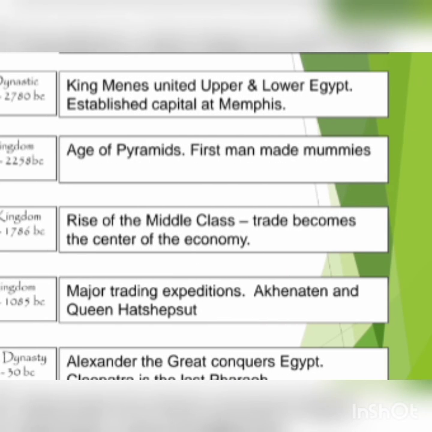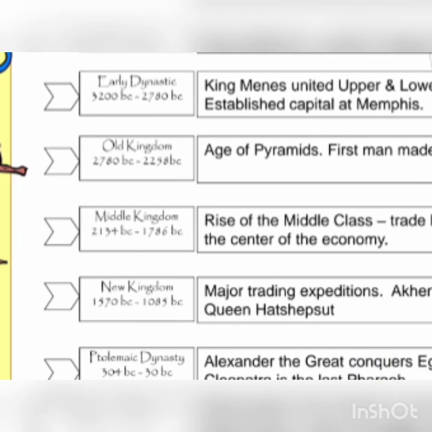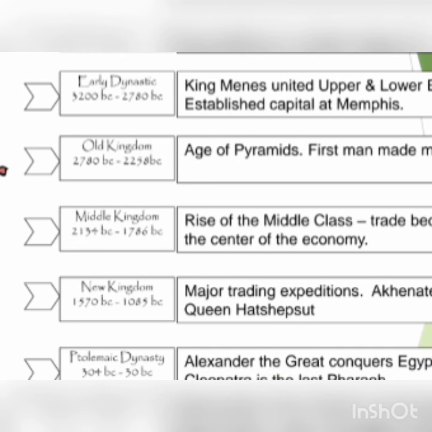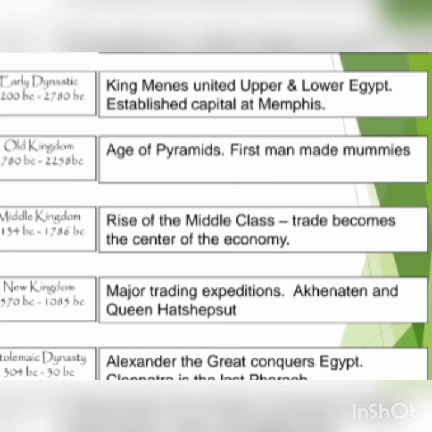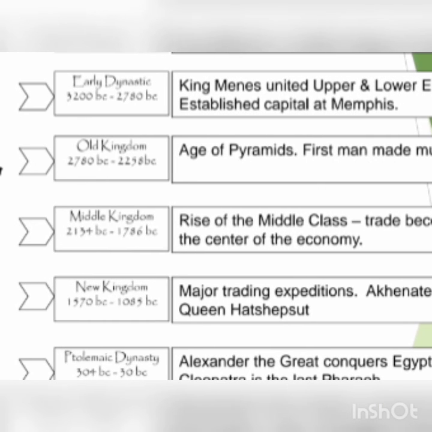This was the time of the middle class, and trade became the center of the economy. In the New Kingdom, 1570 BC to 1085 BC, there were major trading expeditions, and Akhenaten and Queen Hatshepsut ruled in that period.